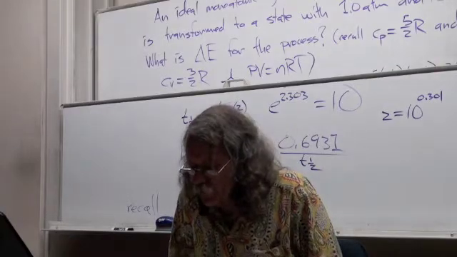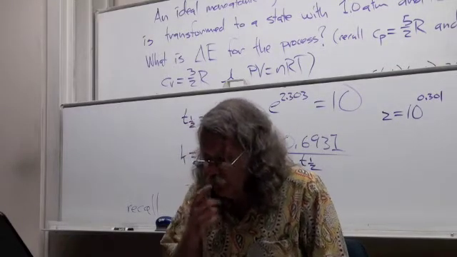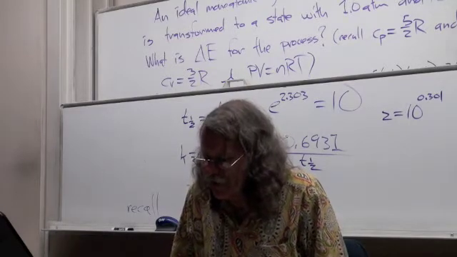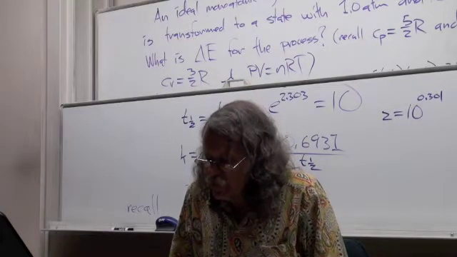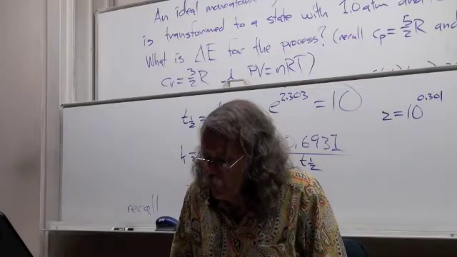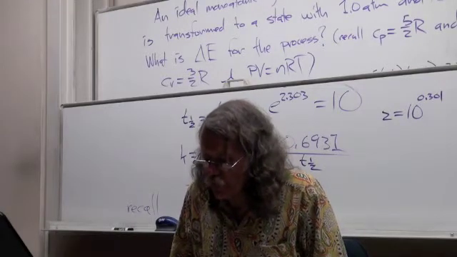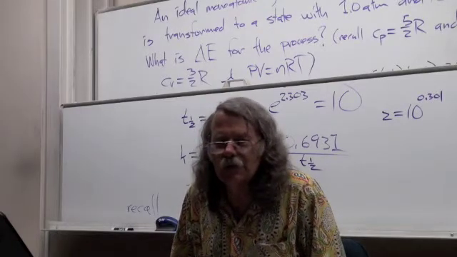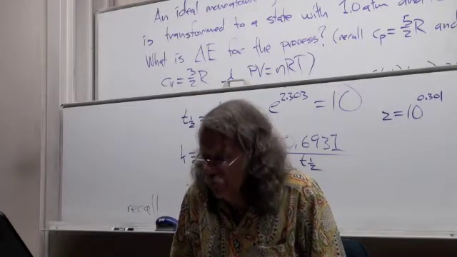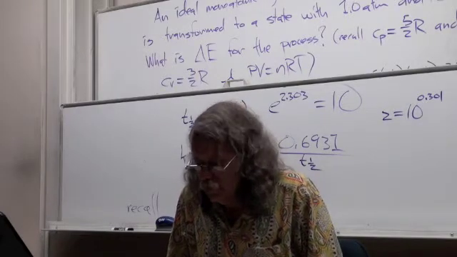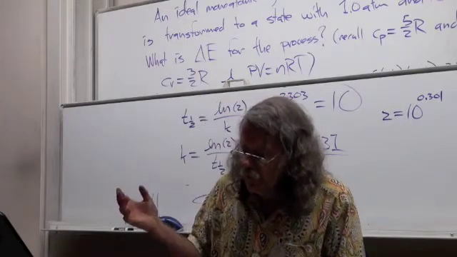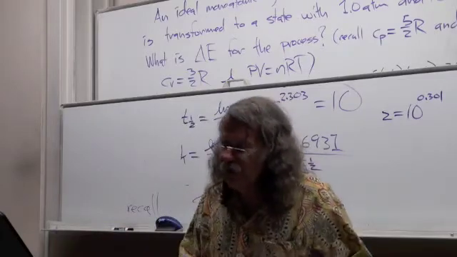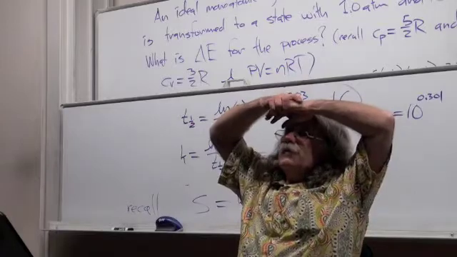Okay. Part F: For every equilibrium process, if Q is less than K, then delta G is less than 0, and the rate of the forward reaction is greater than the rate of the reverse reaction. Boy, is that a good question. Is that true? Yes, it is. If Q is less than K, this is Le Chatelier's principle, right?